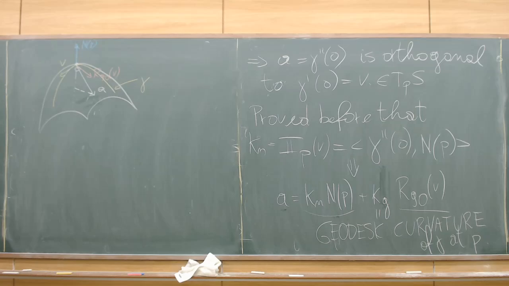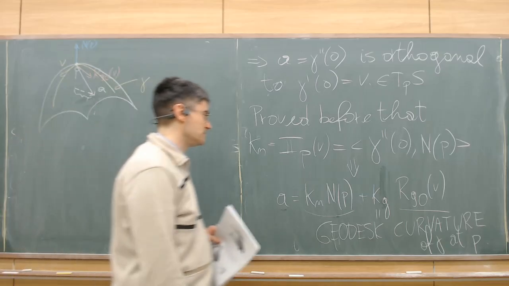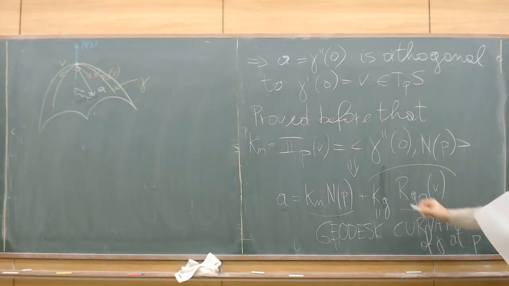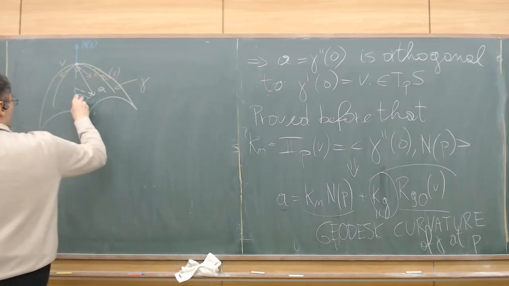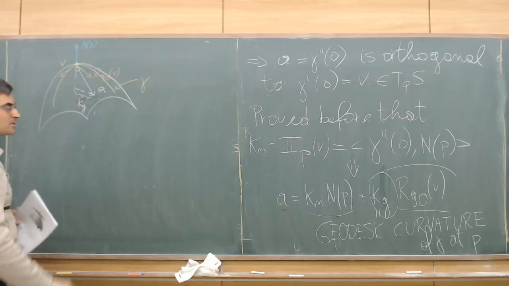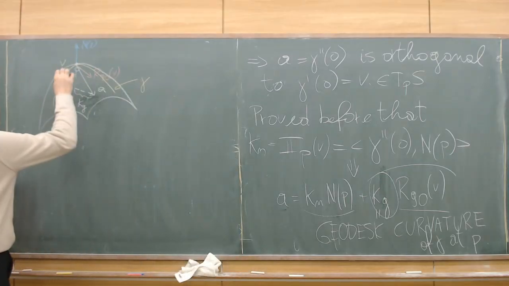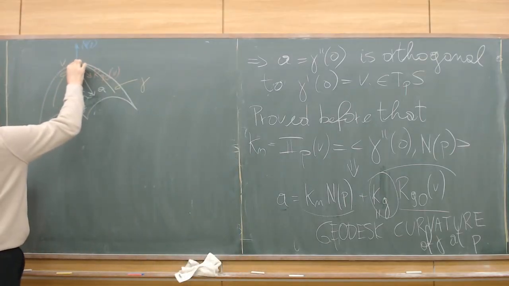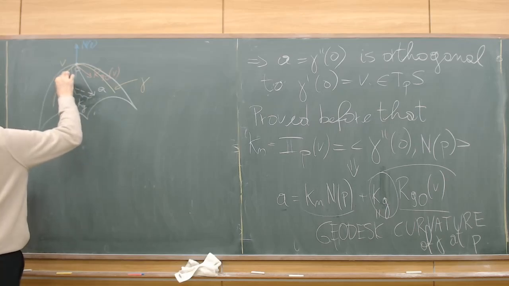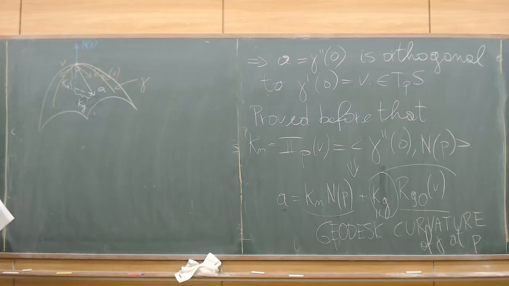What I can indicate on this picture is that the length of this vector is Kg, and the length of this other vector is, let's write just kn.